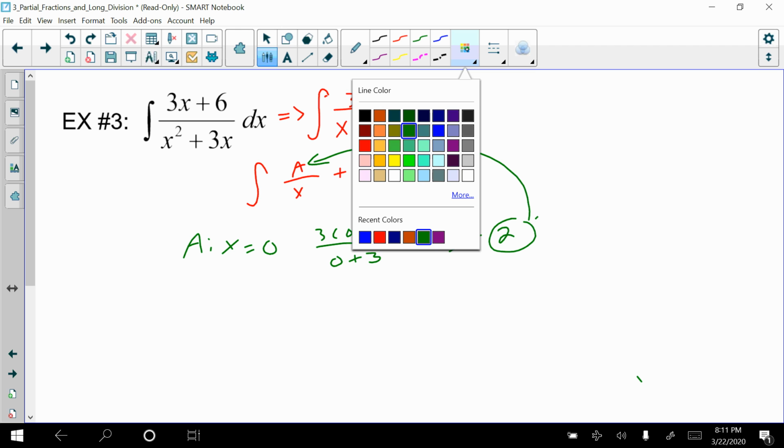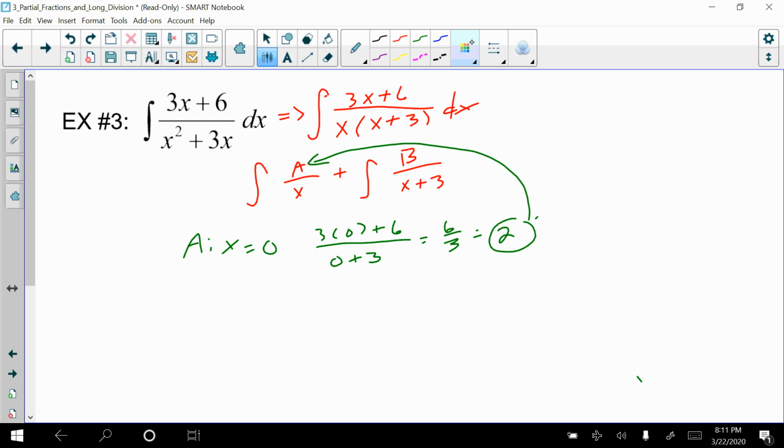And let's do b. We'll do that in blue here. So setting b's denominator equal to 0, you're going to get x is equal to negative 3. And again, we're going to look at this expression with the given numerator to find the value of b. So doing so, I'm going to get 3 times negative 3 plus 6 over negative 3 for a, or a's denominator, I should say.